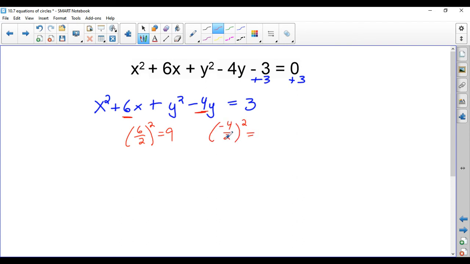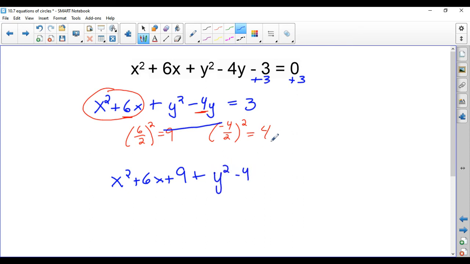Negative 4 over 2 is negative 2. Negative 2 squared is positive 4. So in order to make x squared plus 6x a perfect square trinomial, I have to add 9. In order to make y squared minus 4y a perfect square trinomial, I have to add 4.